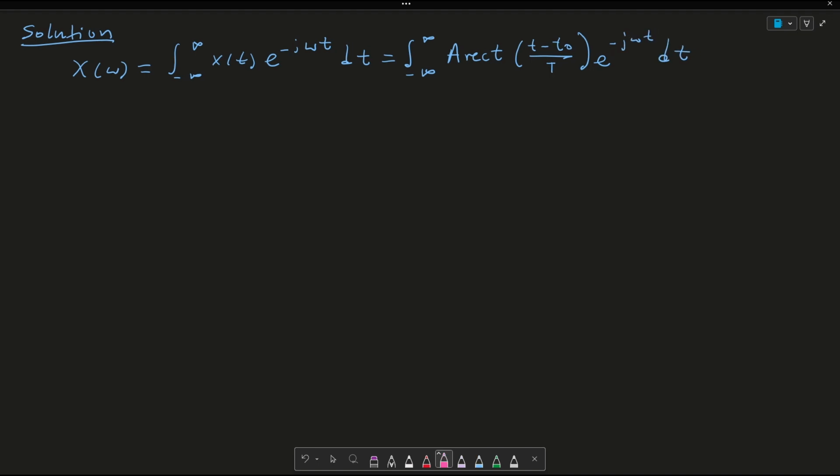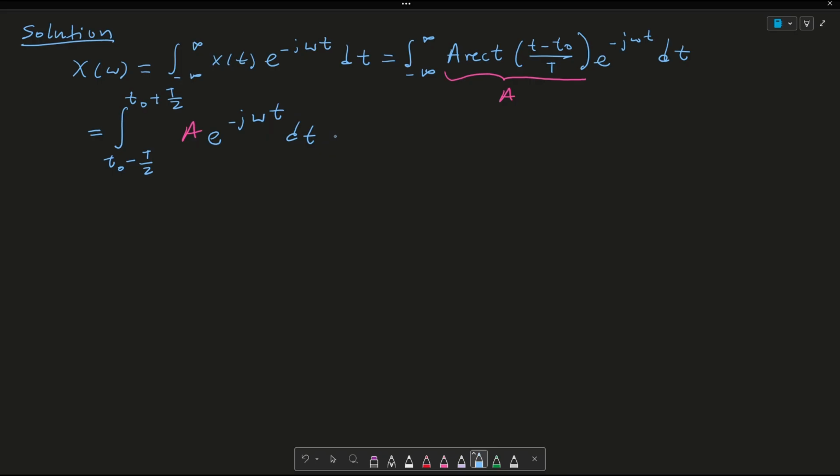So now if I consider that my x of t function is equated to A for only a specific range, I can say that my capital X of omega is equated to the integral from t naught minus T over 2 to t naught plus T over 2, because that's the only range I care about, times this constant A times e to the minus j omega t dt.